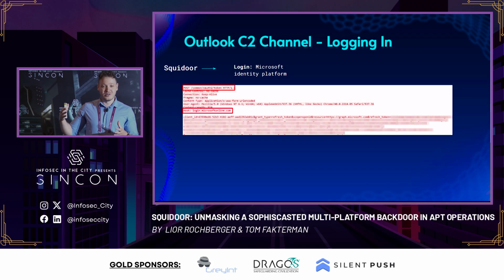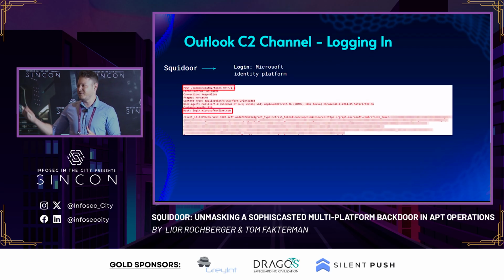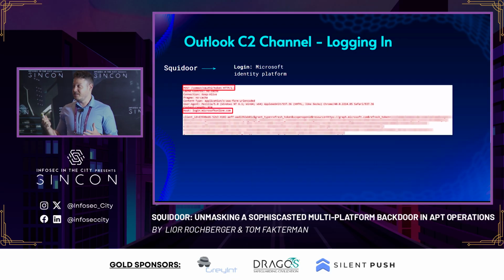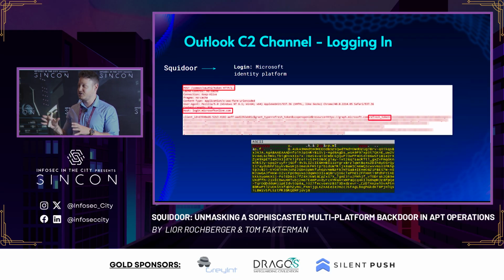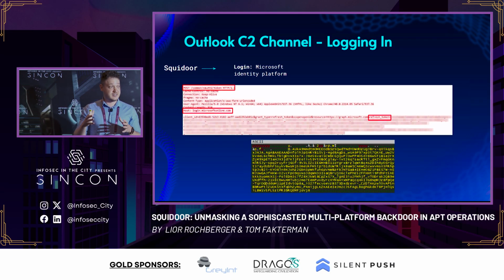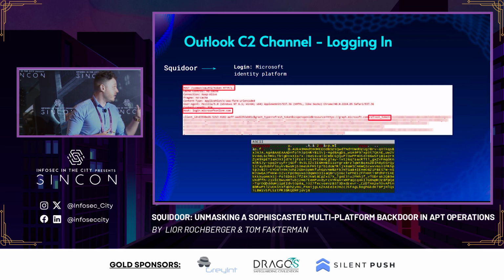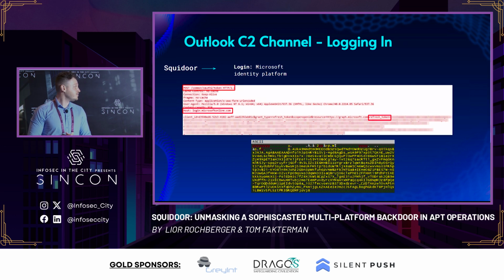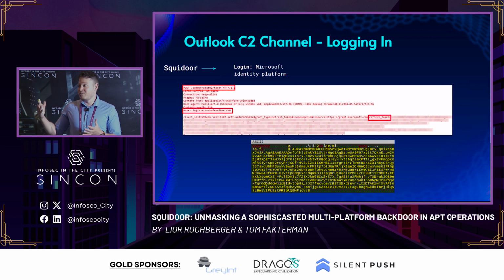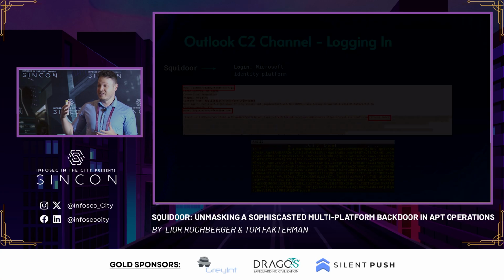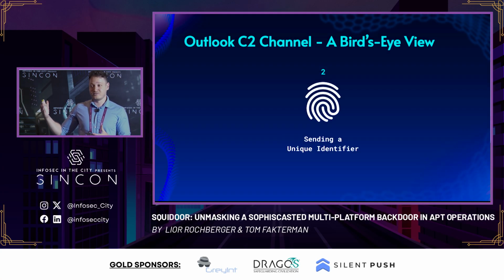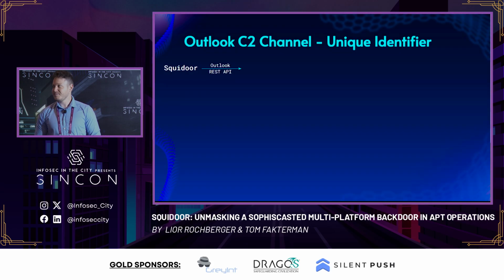So Squidoor needs to log in into the Microsoft Identity Platform. And to do that, it will use a hard-coded refresh token, which is saved inside Squidoor's hard-coded encrypted configuration. After Squidoor logs in, it will need to send a unique identifier to the attackers. And this is how this process works.